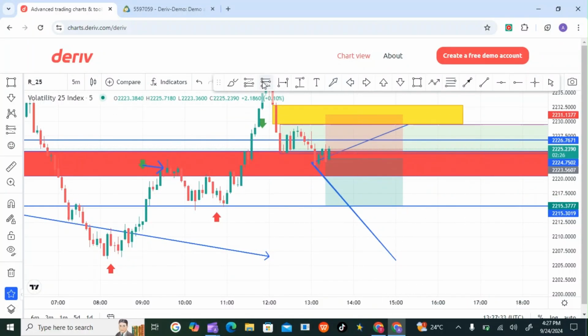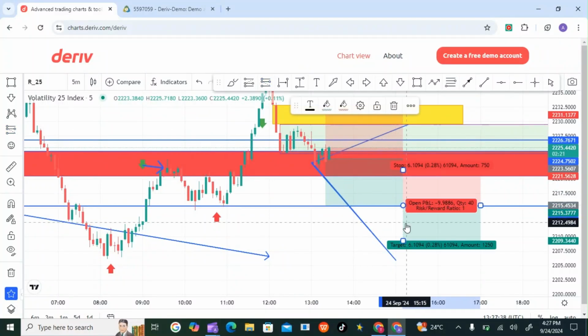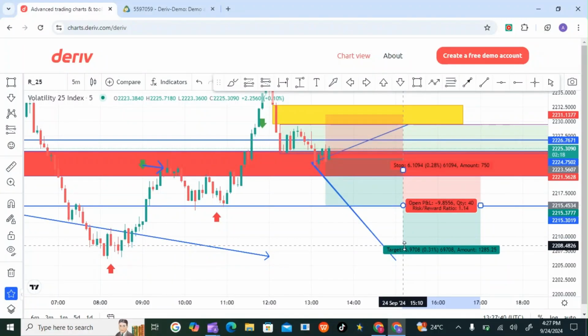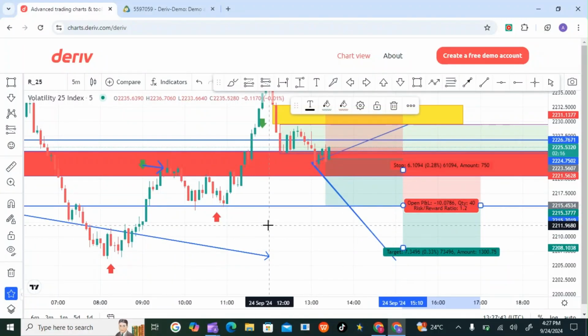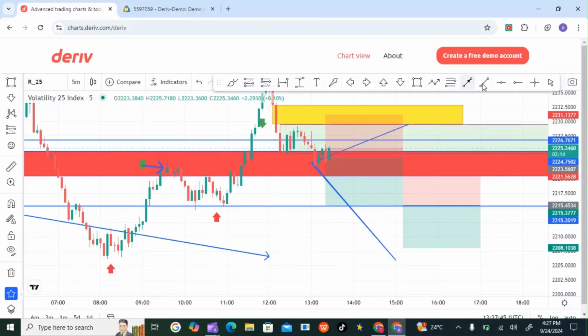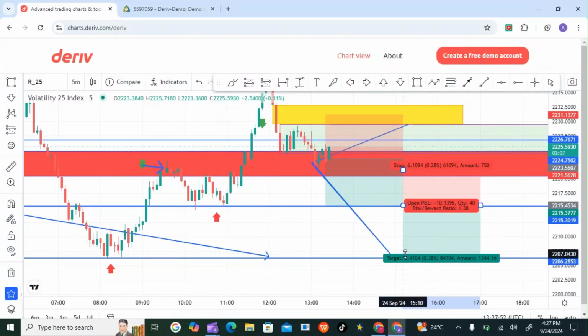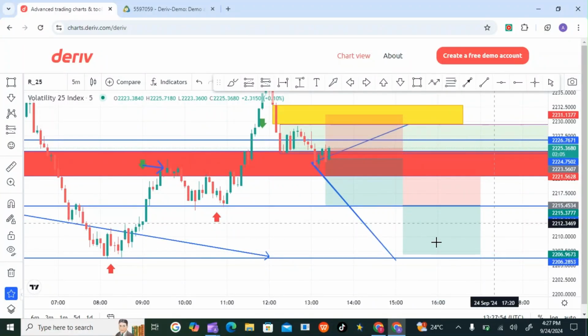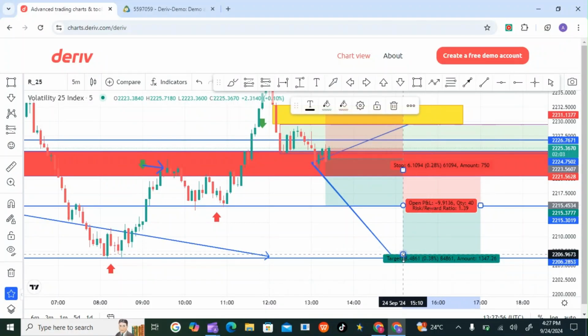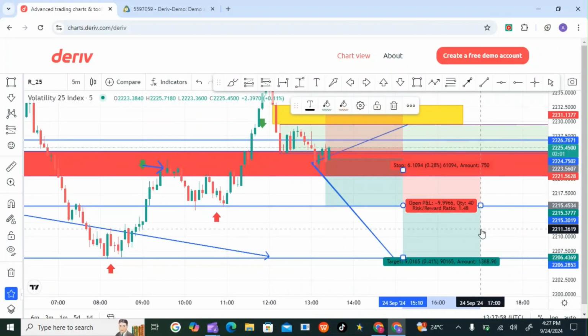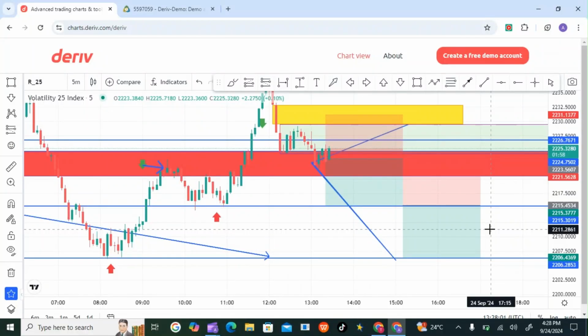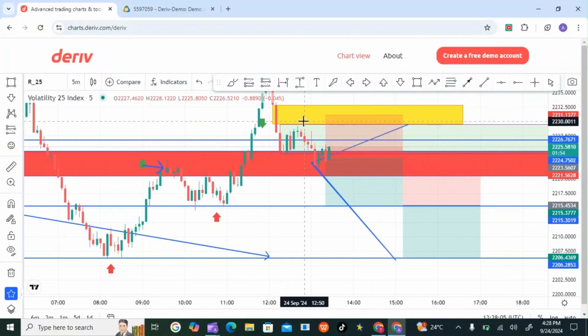So let me add another short to show you how to enter. I'll enter that short again if the trade moves well, and that will be the next stop of that trade. So let's wait and see how it behaves here and how those zones are respected.